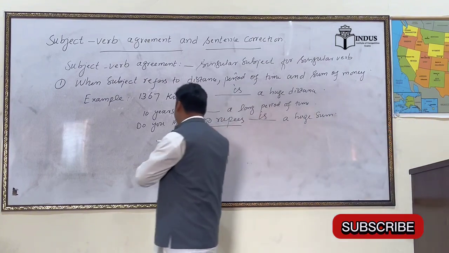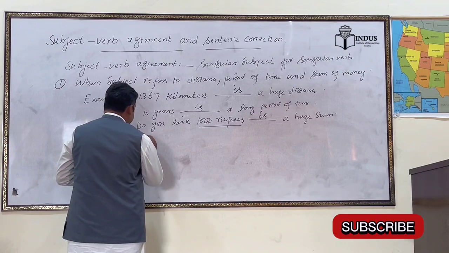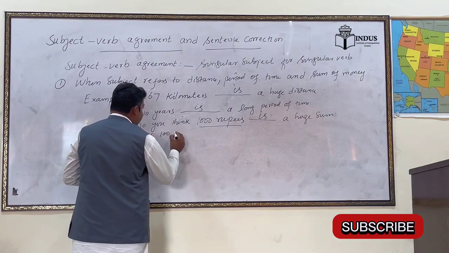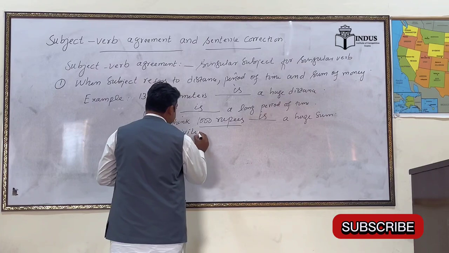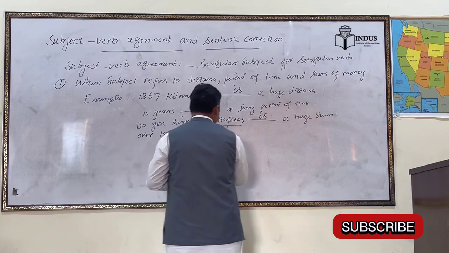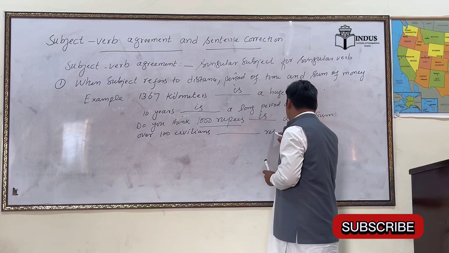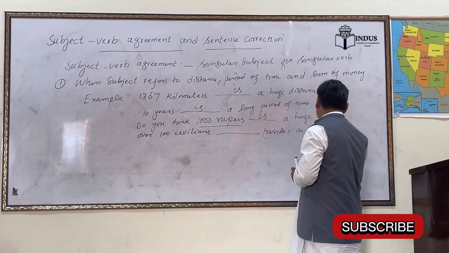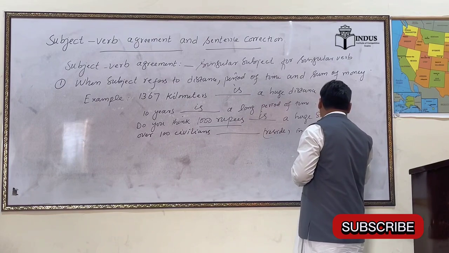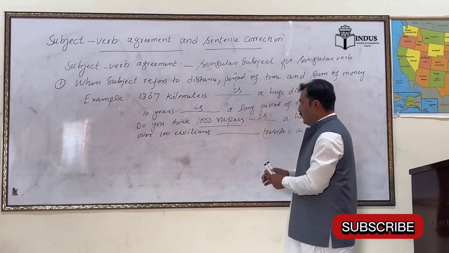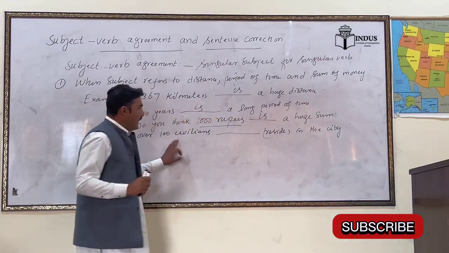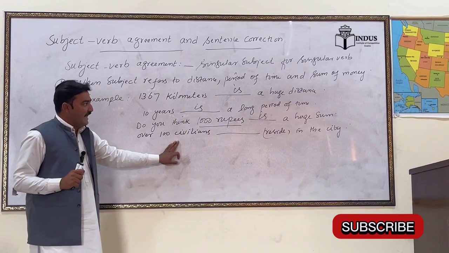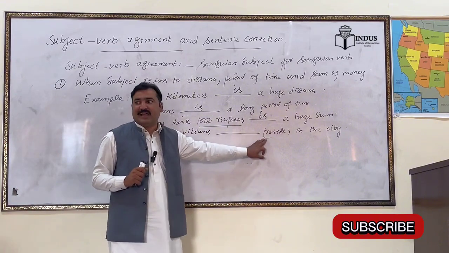Okay, if I write that over 100 civilians in the city, see this one. Over 100 civilians in the city reside.